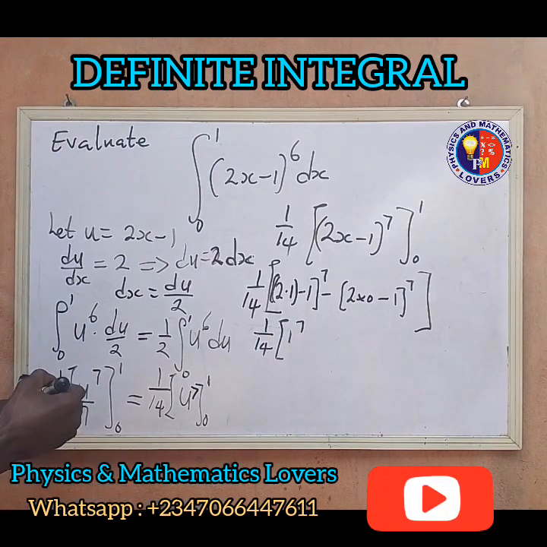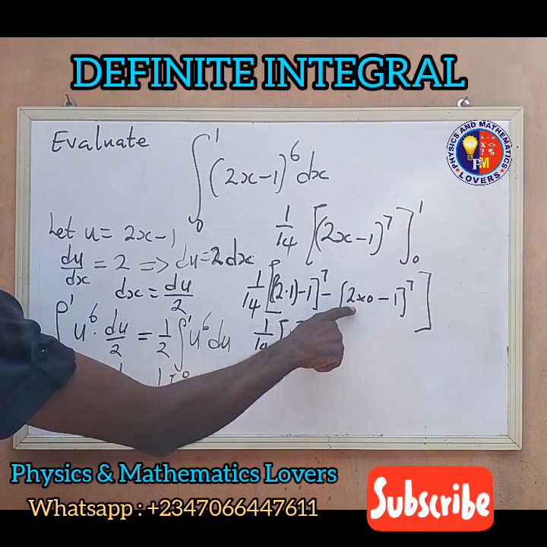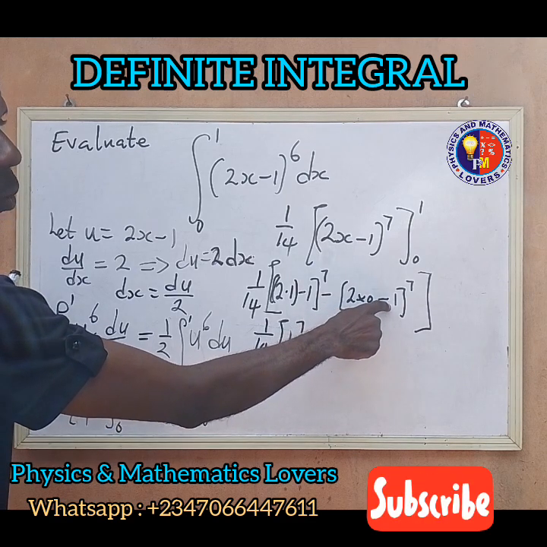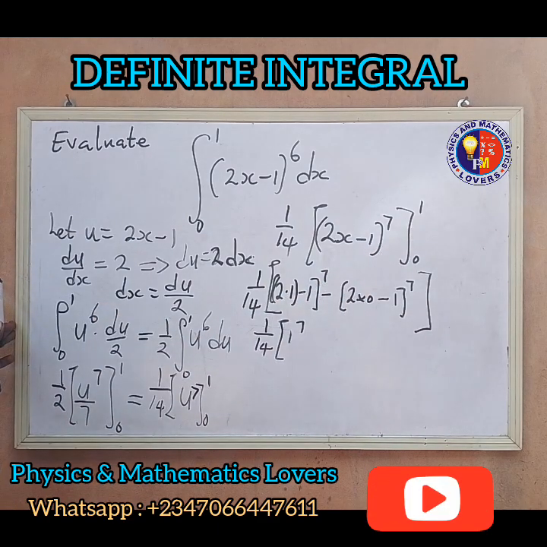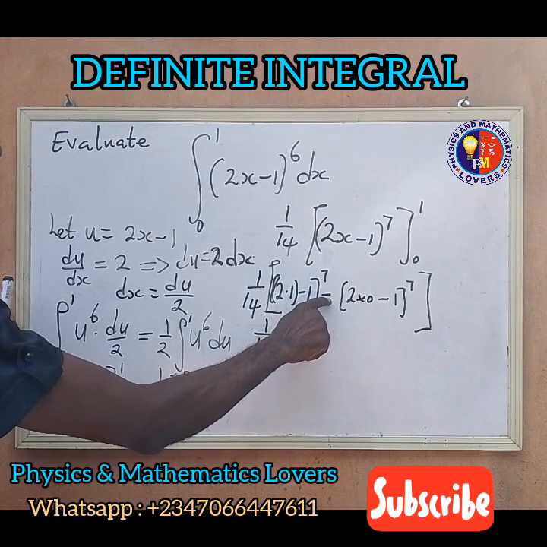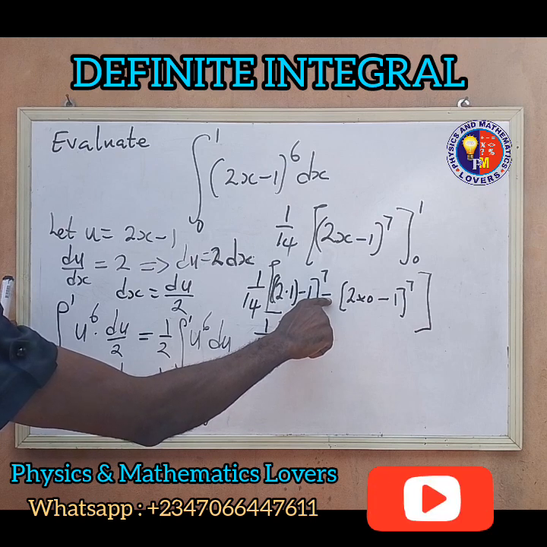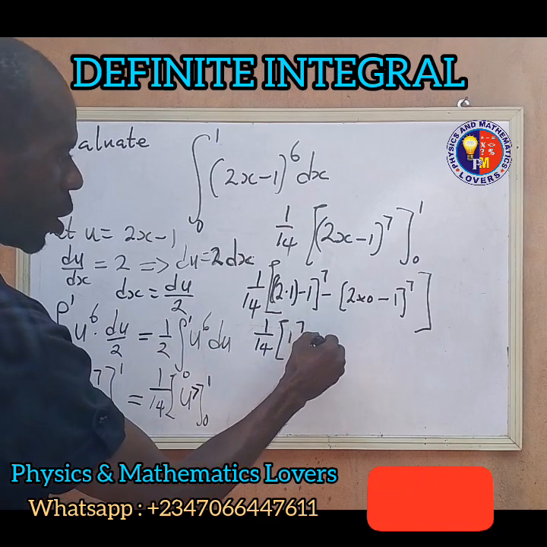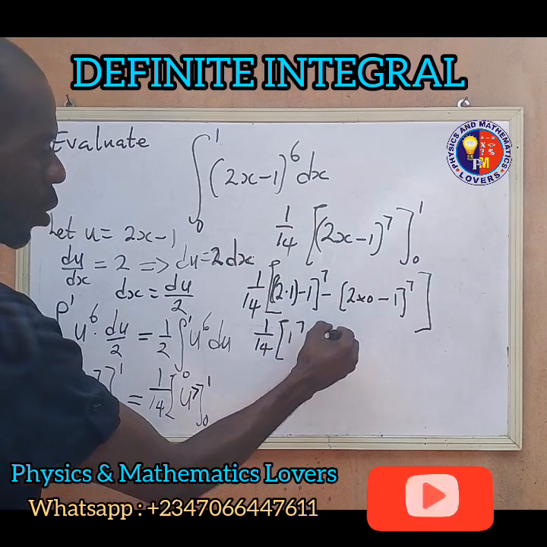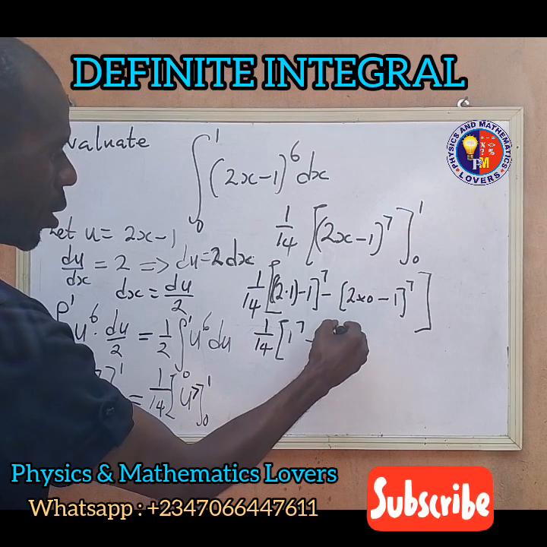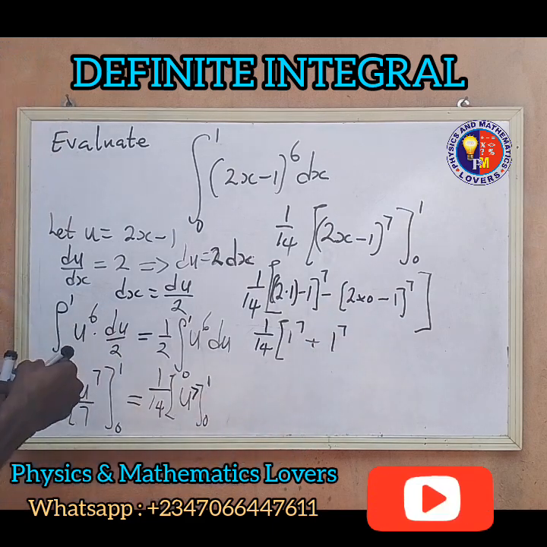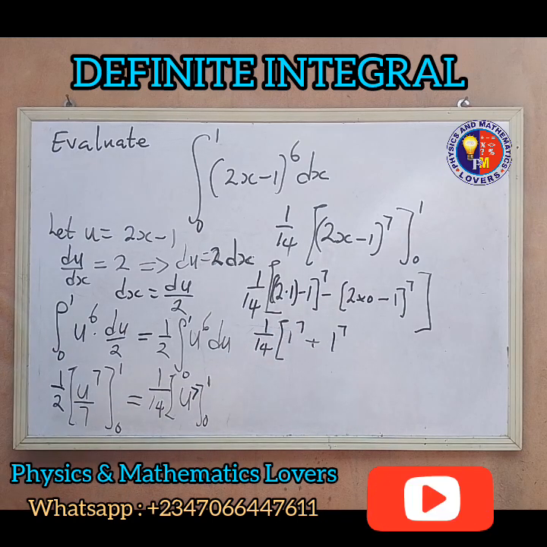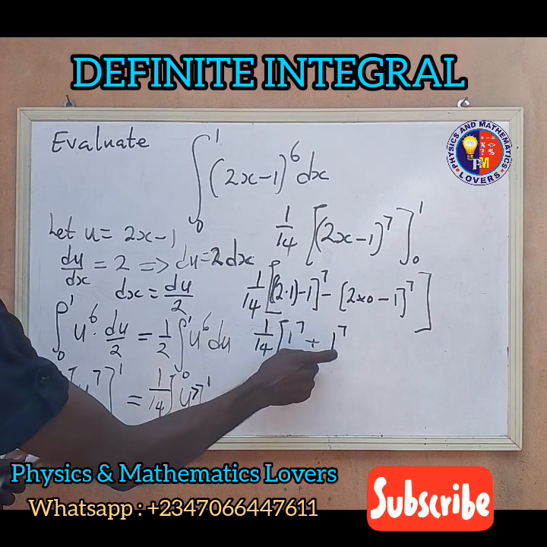Here we have 2 times 0 is 0, minus 1 becomes negative 1, so we have negative 1 raised to the power 7. So 1 raised to the power 7 is 1.